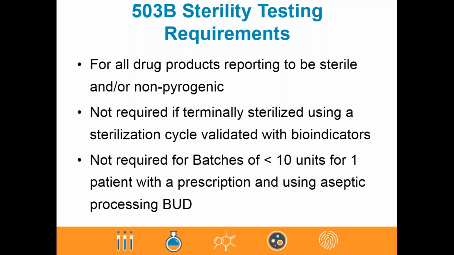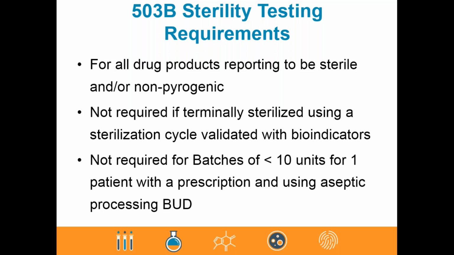For 503B, same thing. If you're exceeding those use periods allowed by the FDA, which again is the same as the high risk requirements from 797, you have to do sterility testing on all products purporting to be sterile and/or non-pyrogenic. They do have a couple scenarios in which you don't have to do sterility testing, and that is if your sterilization cycle has been fully validated with bioindicators.